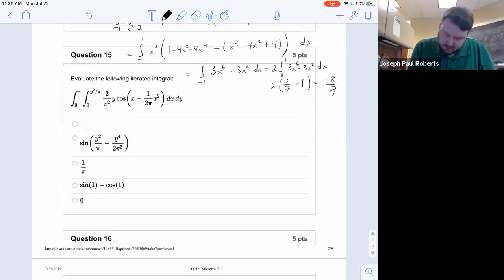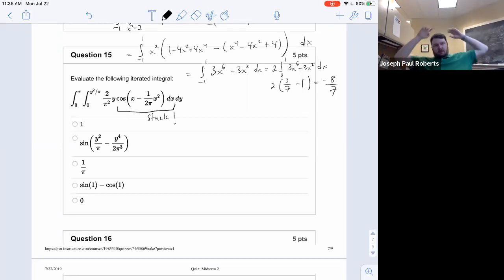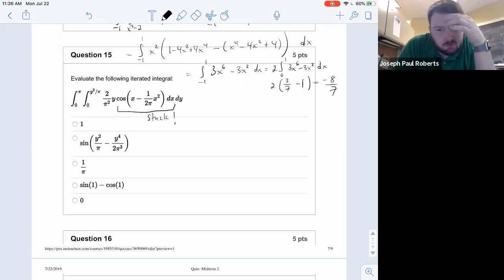Okay, so this one, we're stuck on this dx integration. Remember, you should really be mostly prepared to do substitution for this. If I'm trying to do an x antiderivative, the only thing I could really try would be u equals x minus x squared over 2 pi.